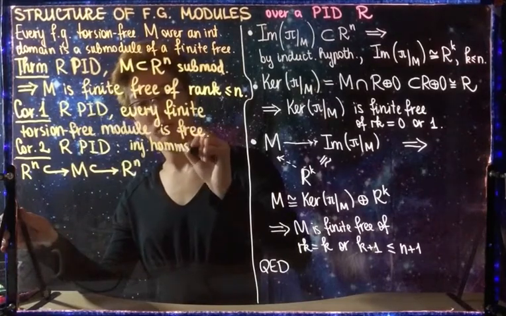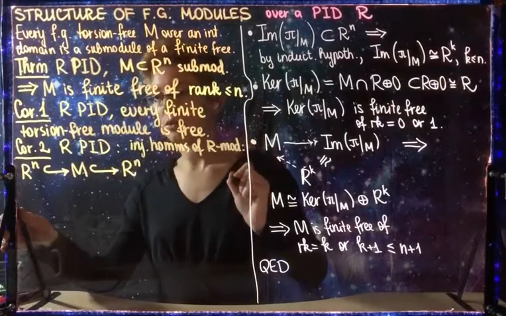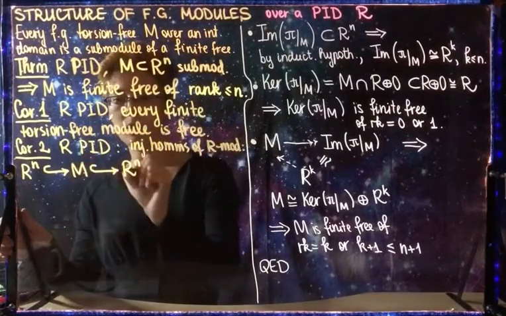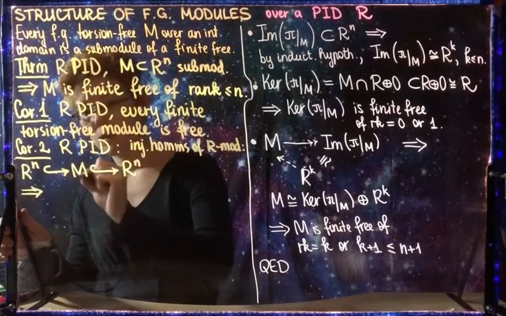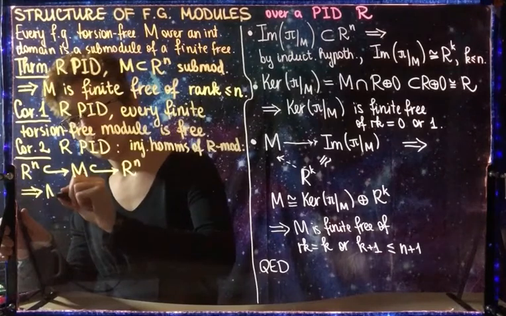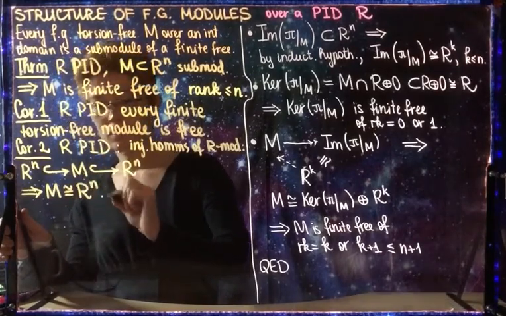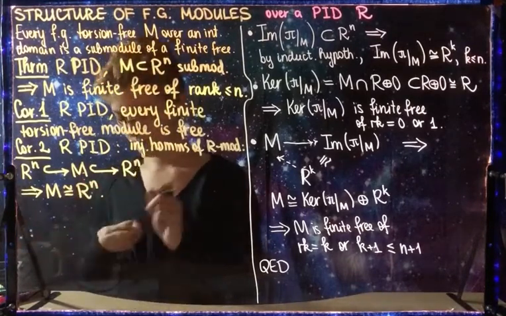Injective homomorphisms of R modules. So in case we have this tower of inclusions, then we can conclude that M is itself a rank n free module over R.